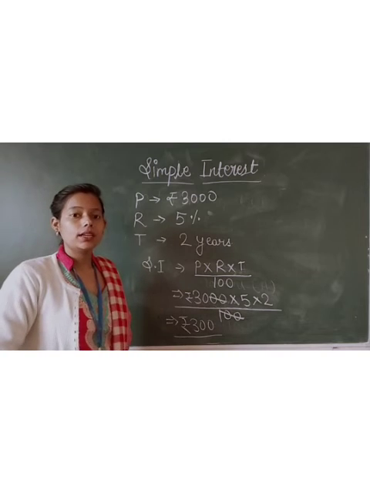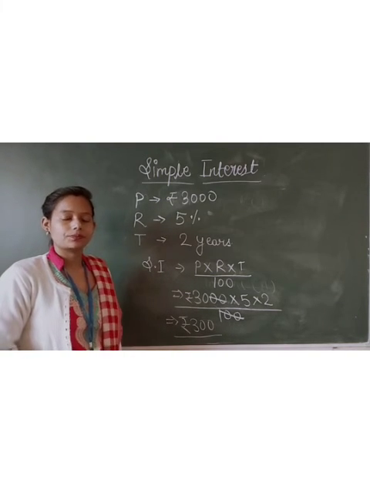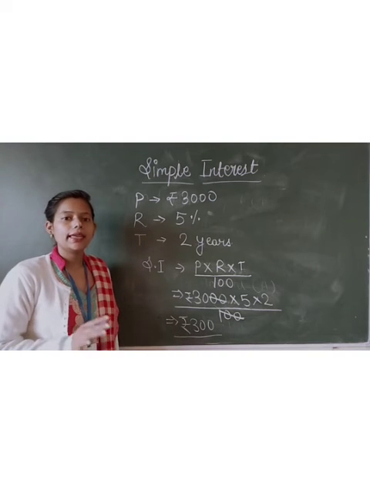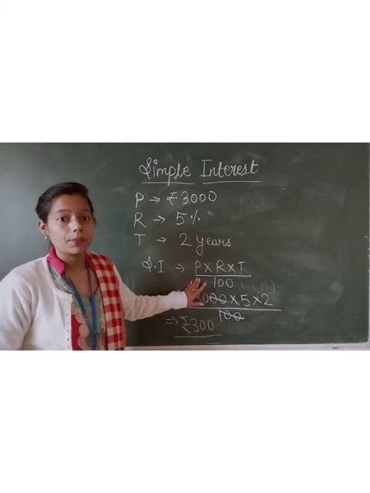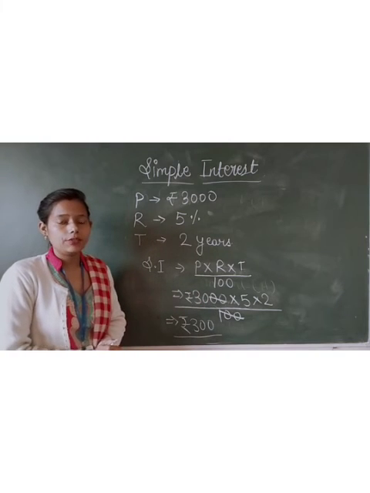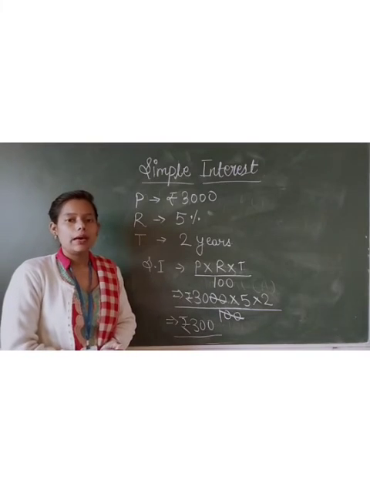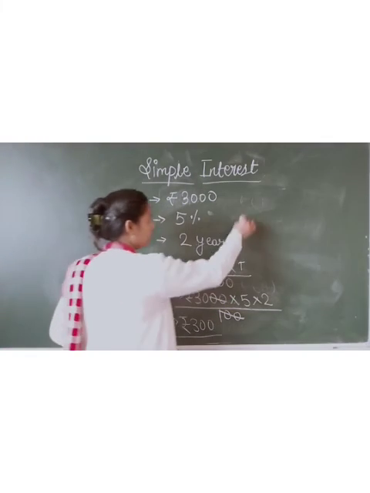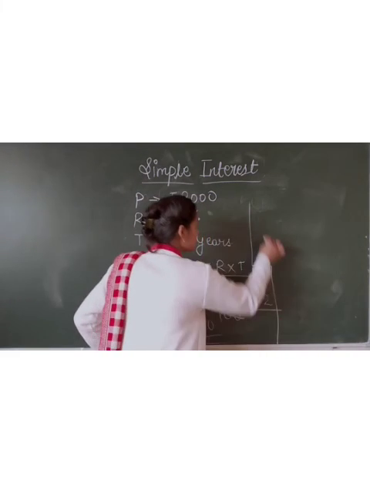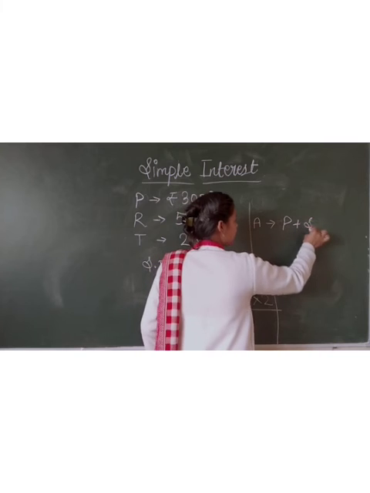Similarly, if another principal, rate and time are given to you, then we can calculate it by using this formula. If it tells you that you have to find the amount also, then for finding the amount we have a formula: principal plus SI.